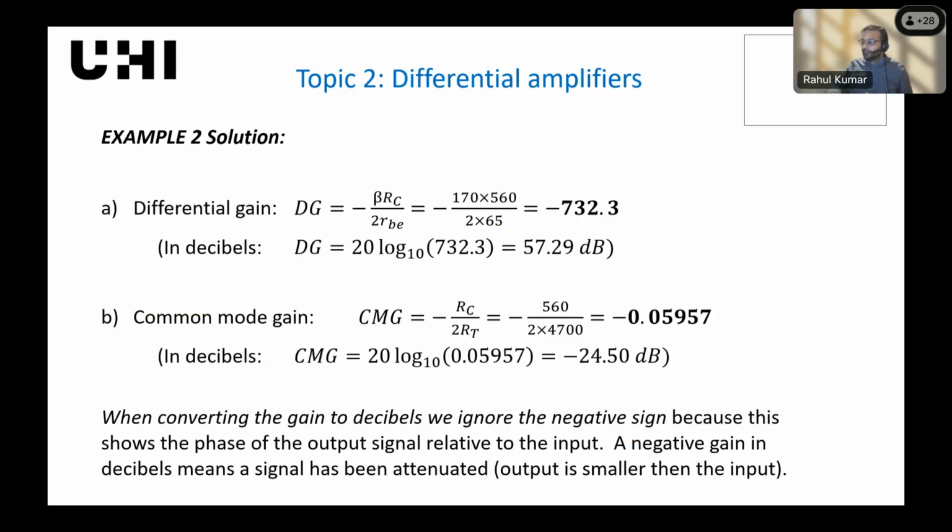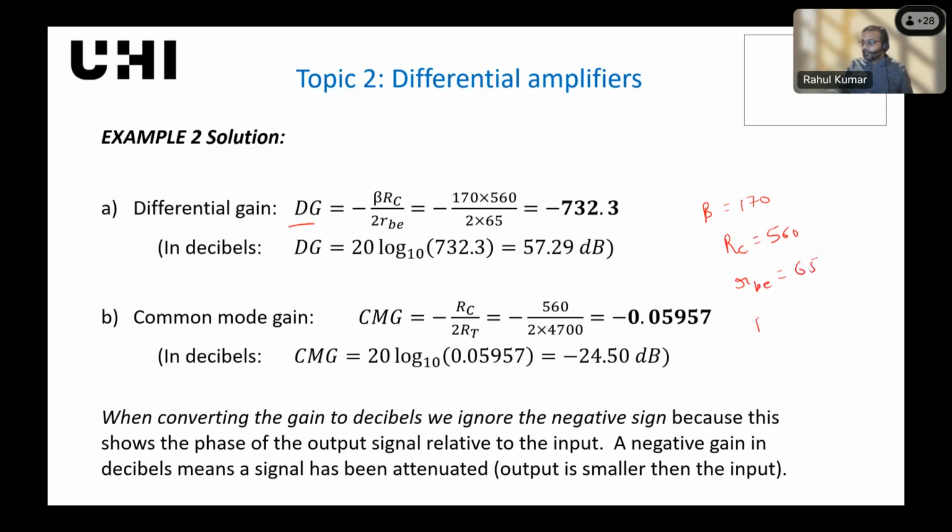So let's quickly go through the solution. So differential gain is given by minus beta RC over 2 RBE. So beta is 170, RC is given as 560, and RBE is given as 65.